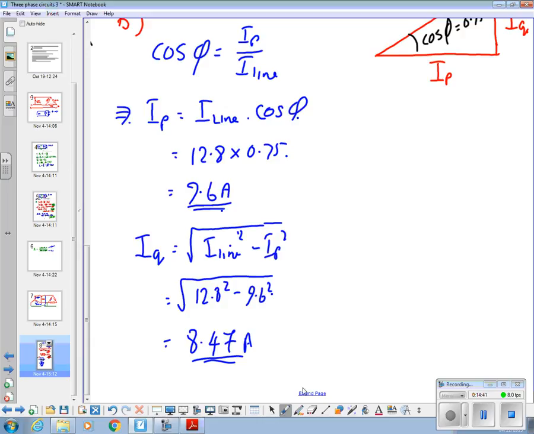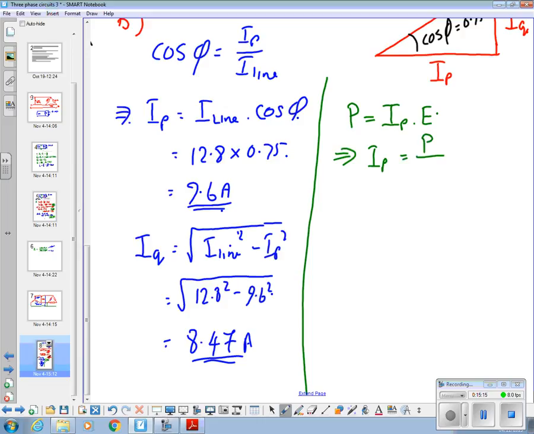I don't want to cause confusion, but there is a totally different way you could have tackled the problem. Over here, P is equal to IP times the voltage, which rearranges to IP is P over E. What was the power?